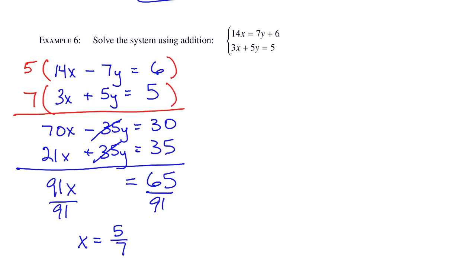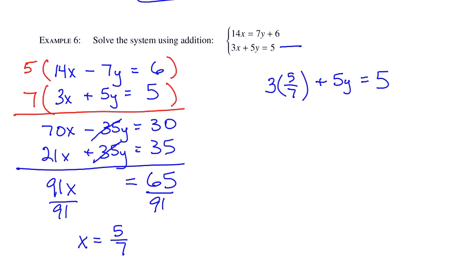Now come back and back substitute. I'm going to substitute into the bottom equation. So 3x plus 5y equals 5. The x is now 5/7. So we have 3 times 5/7 plus 5y equals 5.